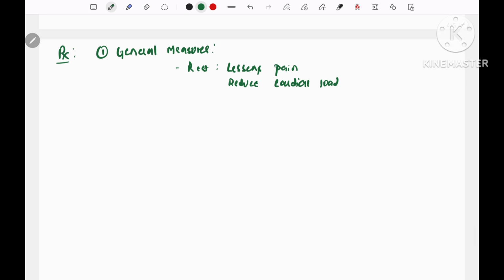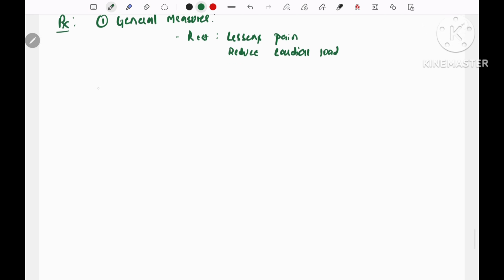Now the second point is the definitive treatment. In definitive treatment, at first we choose the anti-infective therapy. The antibiotic which is active against this group A streptococcus infection is penicillin.